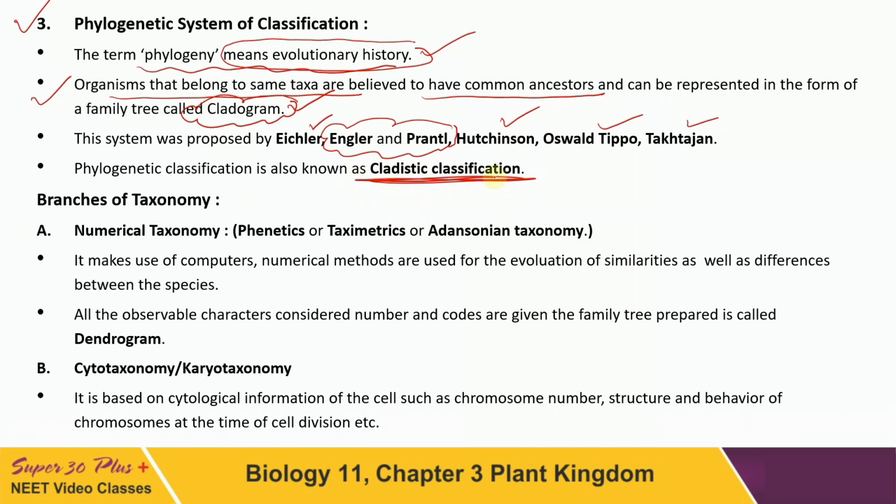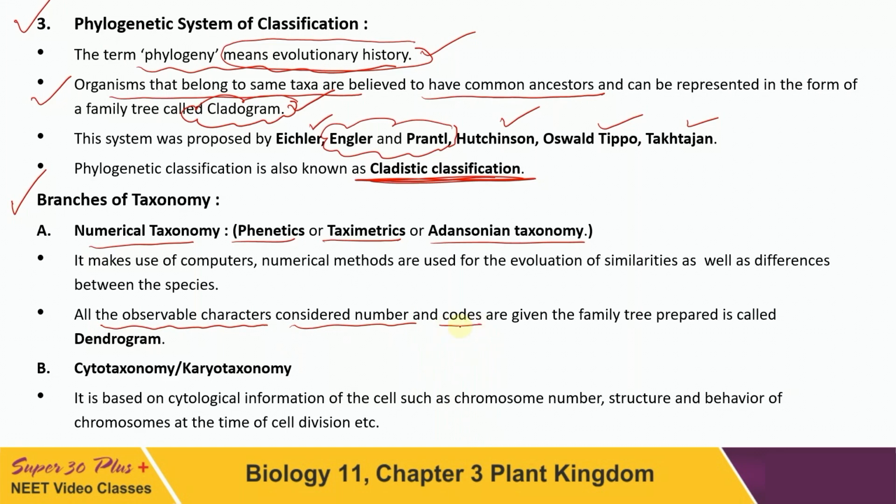Come to some other aspects, branches of taxonomy. One is called numerical taxonomy, also known as phenetics, taximetrics, or Adansonian taxonomy. It is based on all the observable characters, 1, 2, 3, 4, even up to 100 or 1000 characters. All characters which are observed are considered.